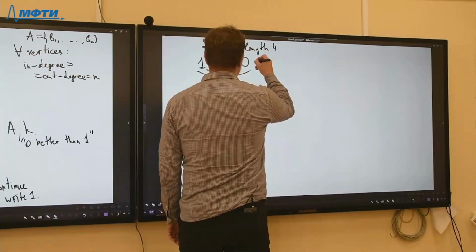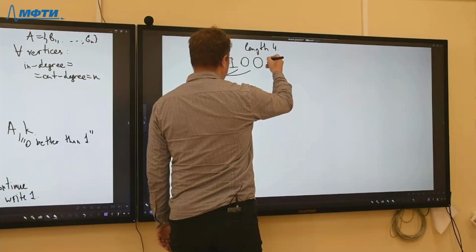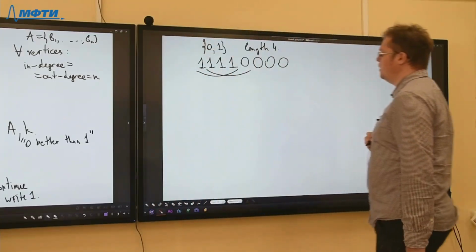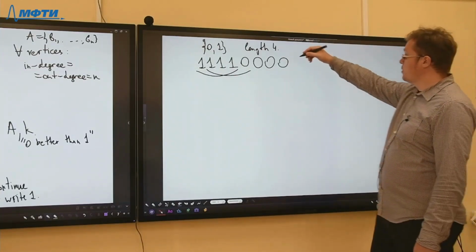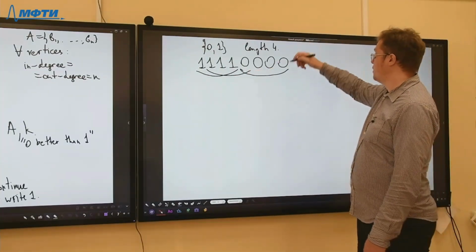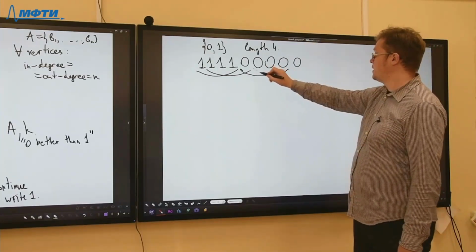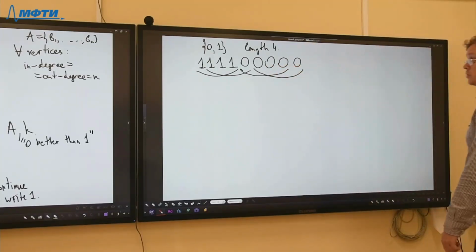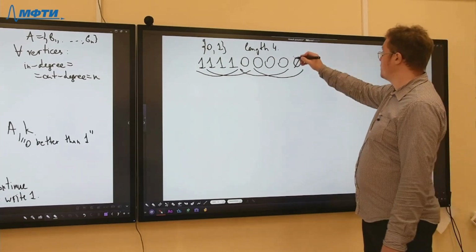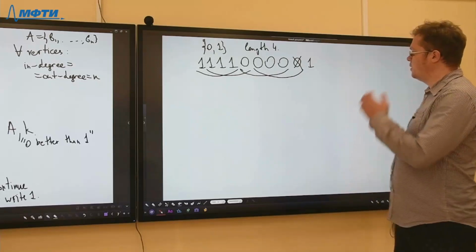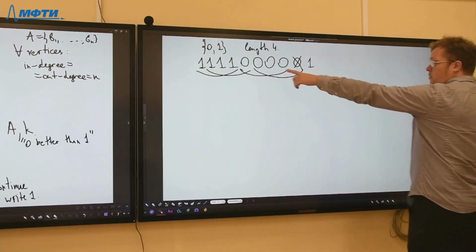Then I can write 0, again 0, again 0. But then I cannot write 0, because then we would have the same word of four zeros. So instead I write 1 and have 0, 0, 0, 1.